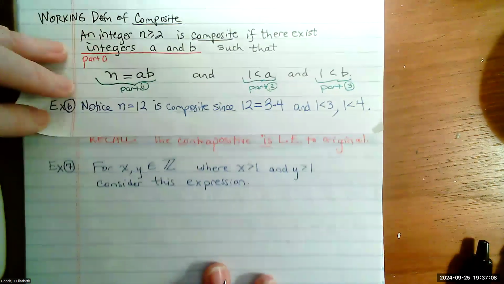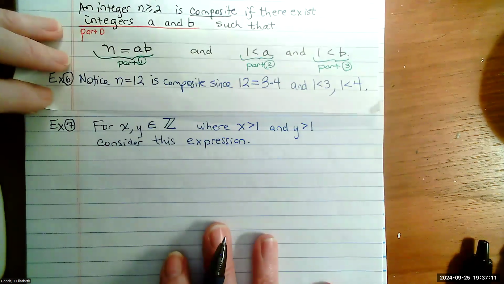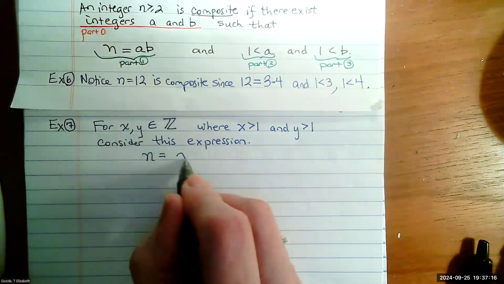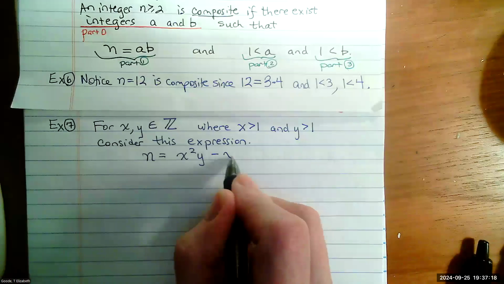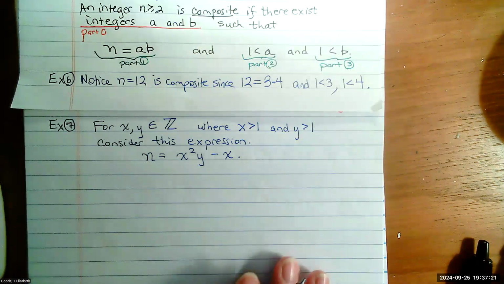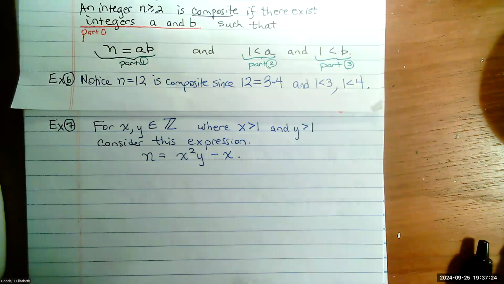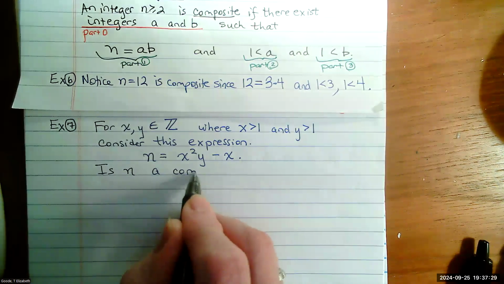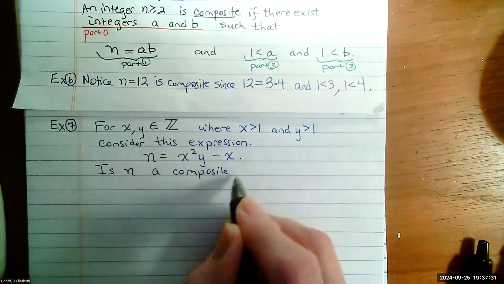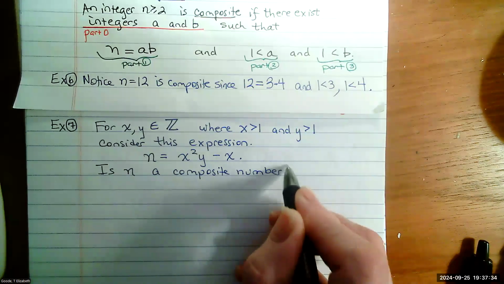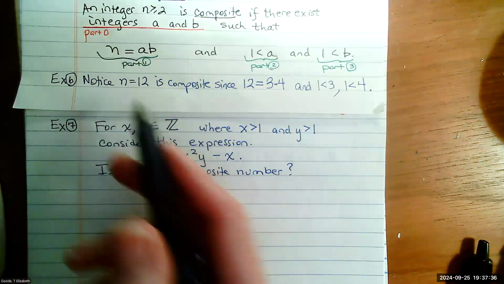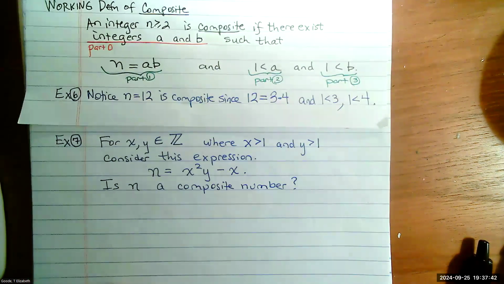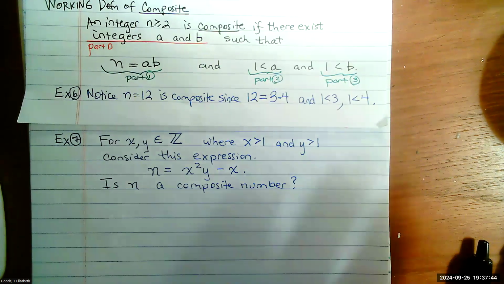Okay, the expression is N equals X squared Y minus X. X squared Y minus X is a composite number. See what I mean? It's not just going to be like N is 12, it's going to be more interesting than that.